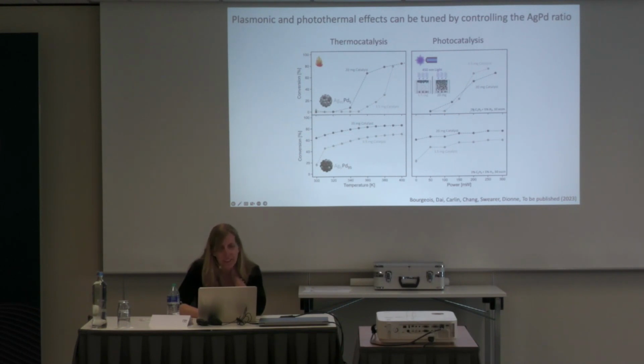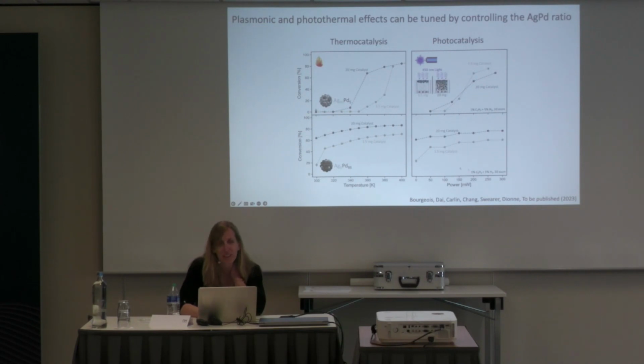But the cool thing is, with photocatalysis, again, you saw this plot earlier, we have illumination that is giving rise to higher conversion yields and higher selectivity. But when we get rid of that plasmonic response by having a lower amount of silver, so almost no silver in our system, now we get a response that looks almost more like the thermocatalysis response, right?